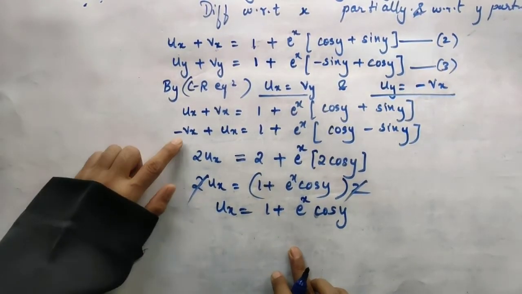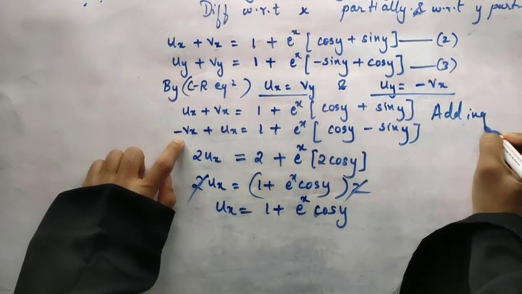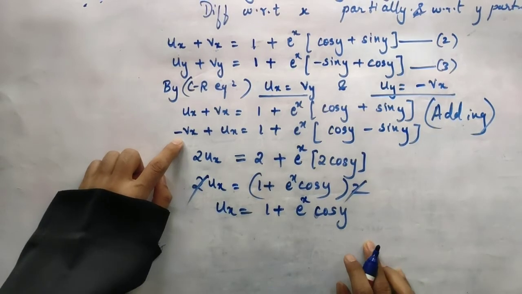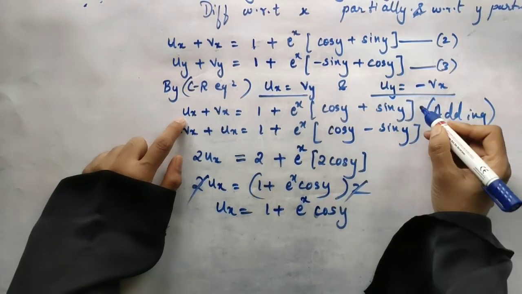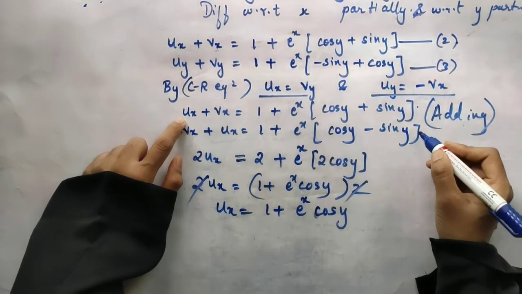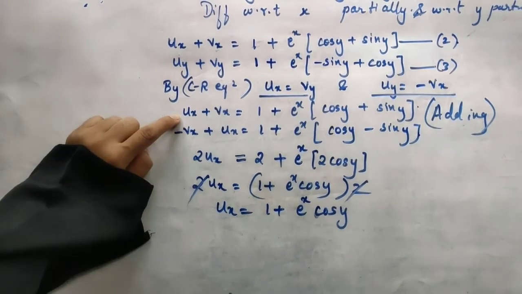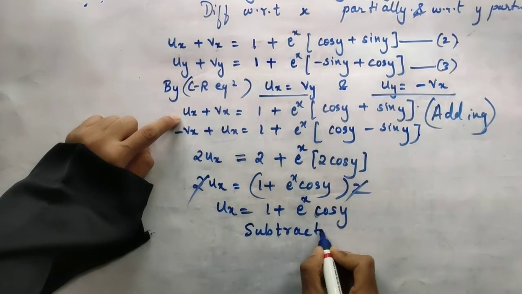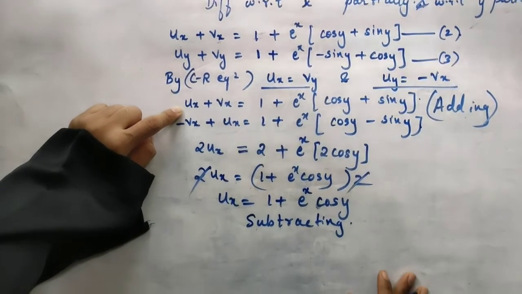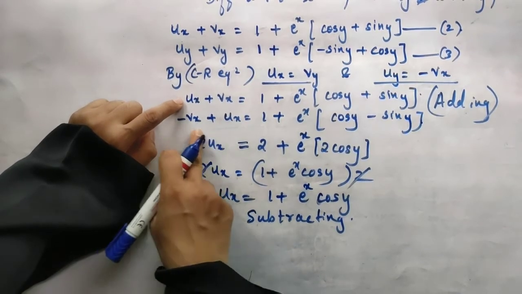Now to get v suffix x, you are adding here. Okay, by adding we got this. Okay, now what if we take the subtraction of the two equations, means equation 1 minus this new equation if I do. Okay, what do you get after subtracting? u suffix x, you have to change the signs here.